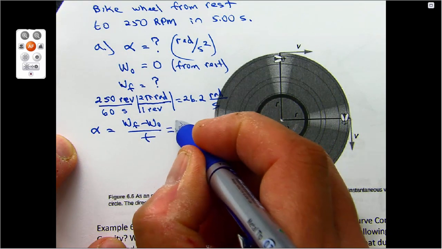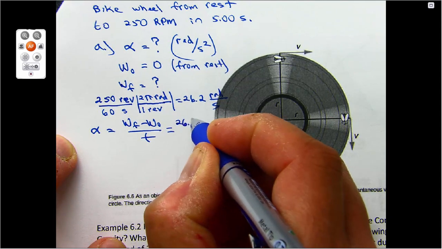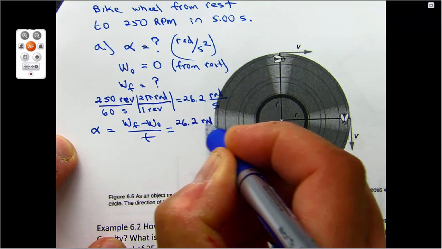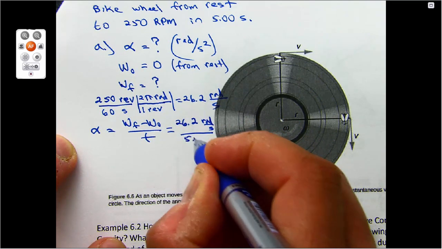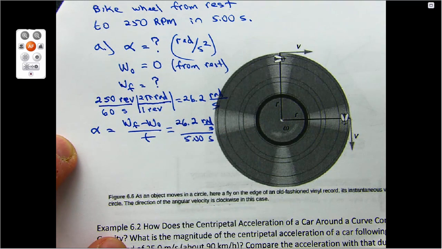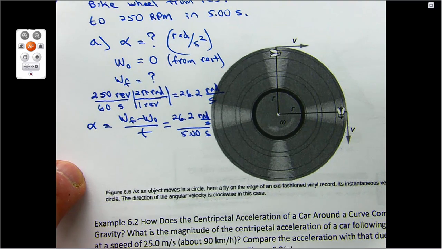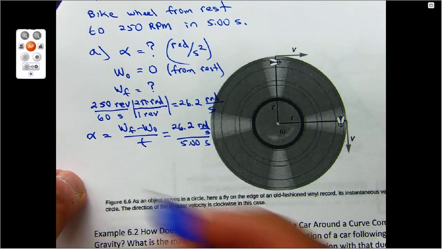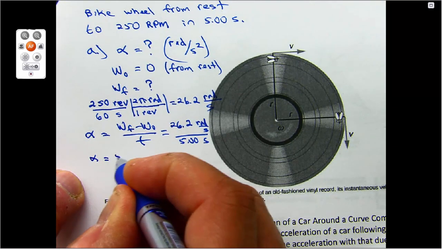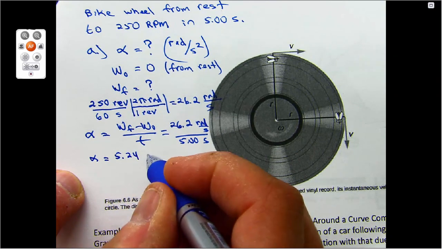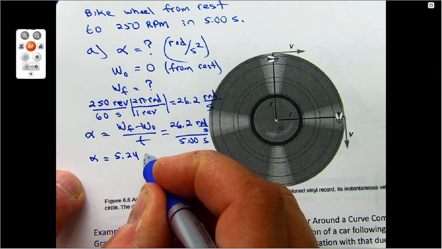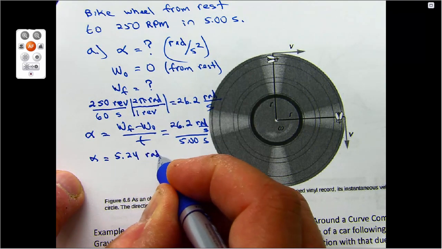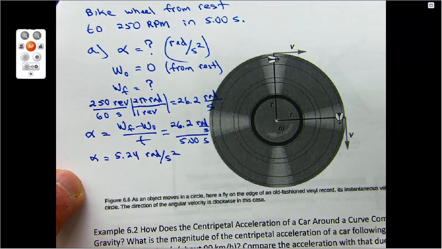So this is going to be 26.2 radians per second divided by 5 seconds. So this is going to be radians per second squared.